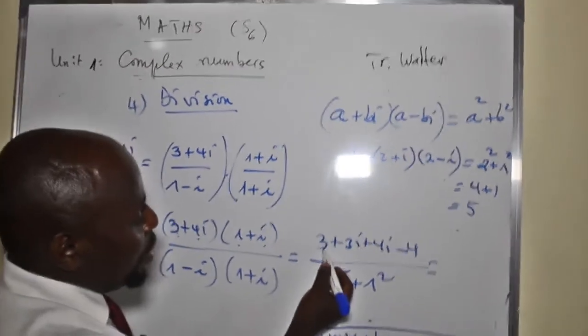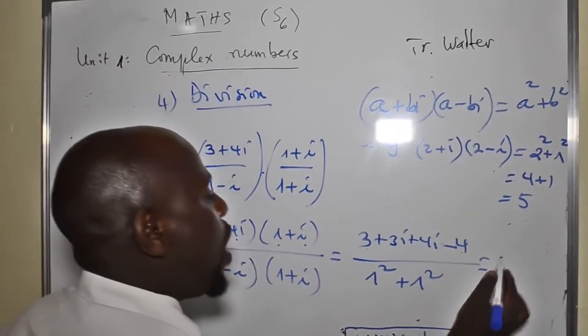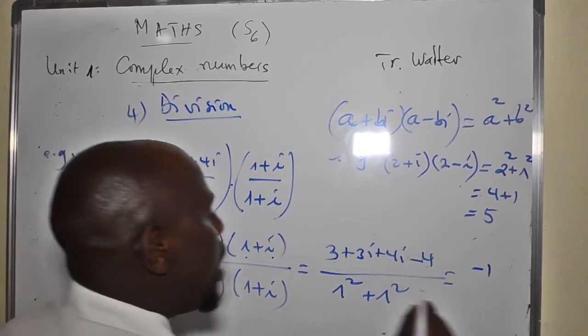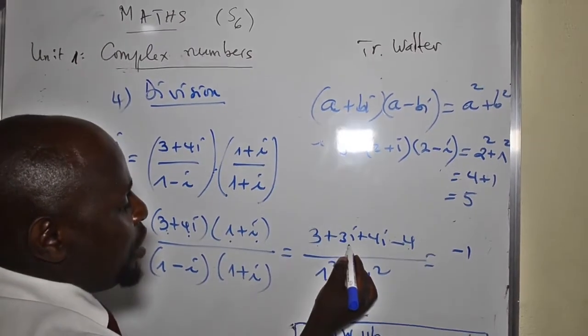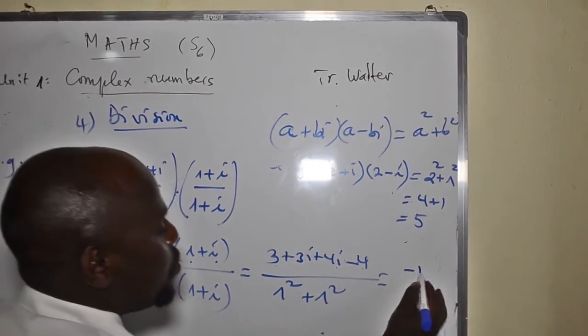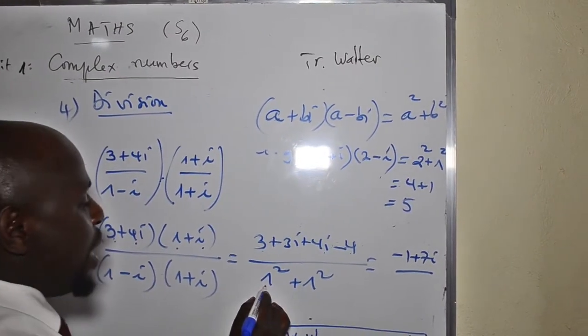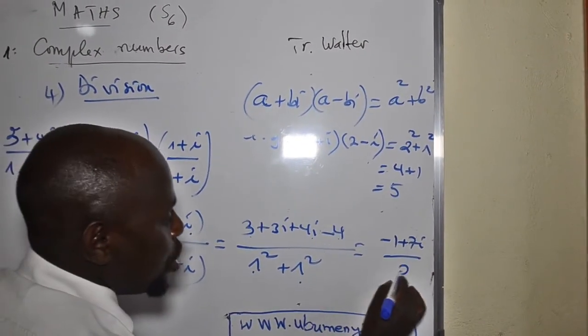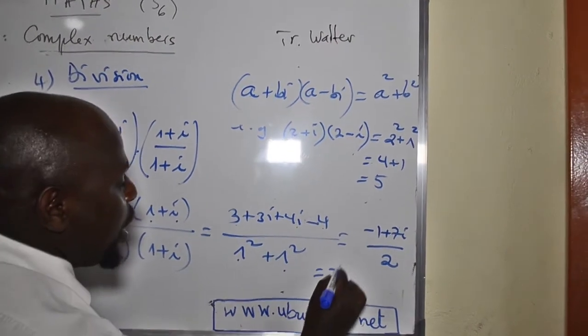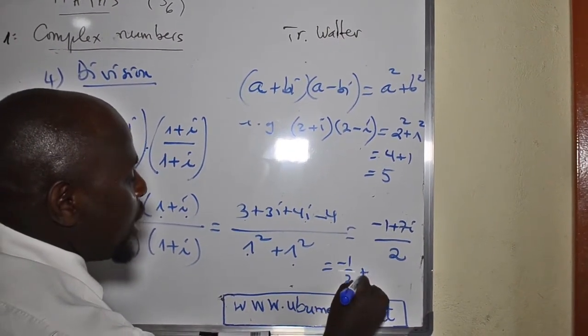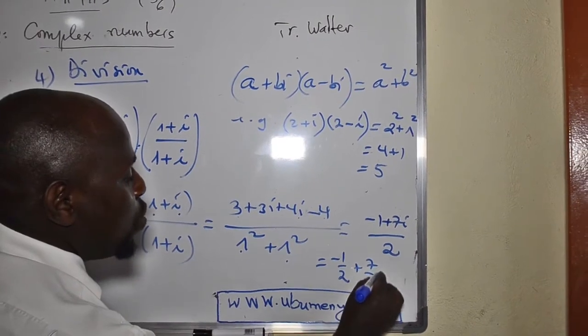Then here it will be 3 minus -4, and this will be -1. We have the like terms 3i plus 4i, and this will be plus 7i. We divide by 1 plus 1, which will give us 2. And here we shall have -1 over 2 plus 7 over 2 i.